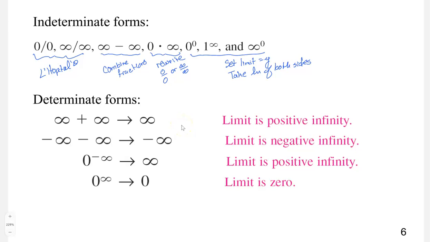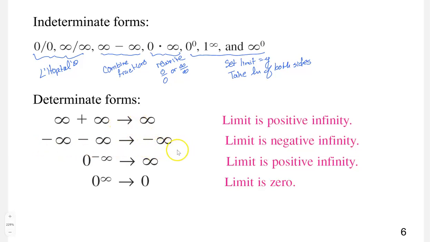Forms that are not indeterminate, which means that they are determinate, which means we know where they're going. If I have infinity plus infinity, so if I have two fractions and I'm taking the limit, and I know the first fraction goes to infinity plus the second fraction's going to infinity, if I have two numbers that are just larger and larger without bound, then that sum is going to get larger and larger without bound.